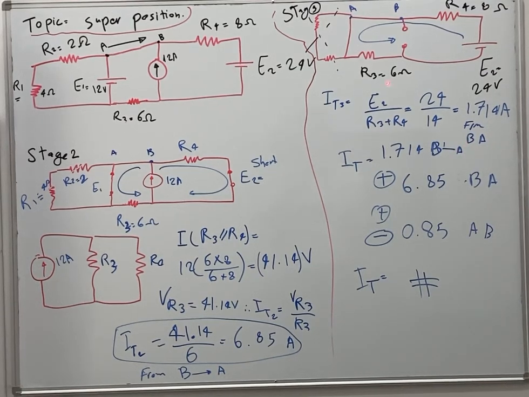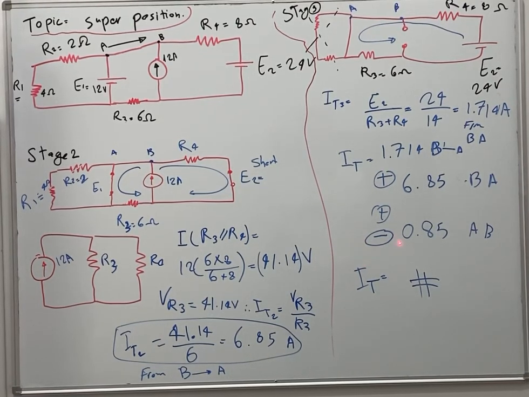Now we've got stage 1, stage 2, and stage 3. This is why it's important to know whether it's going through B to A or A to B. So now the I total, the current through B to A, will be 1.714 through B to A plus 6.85.